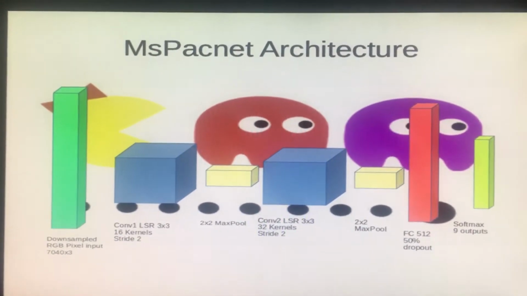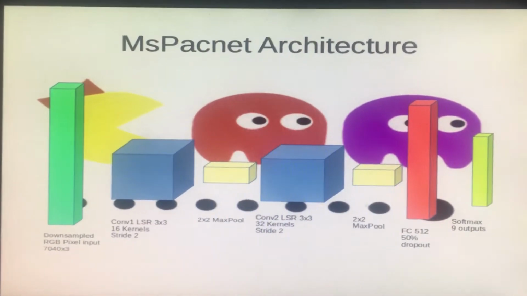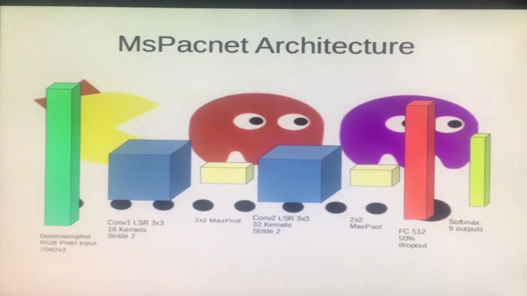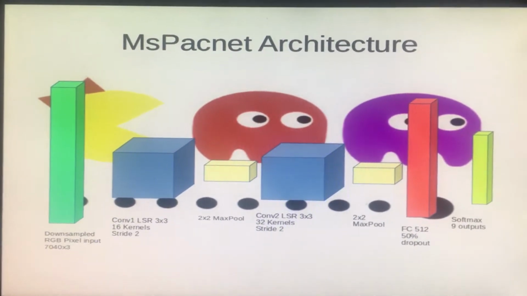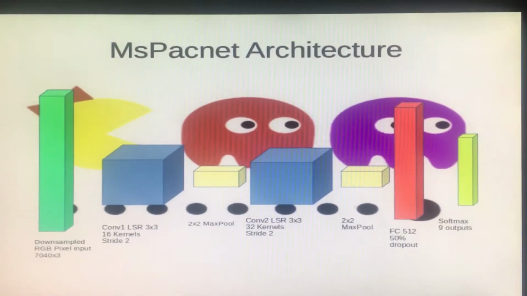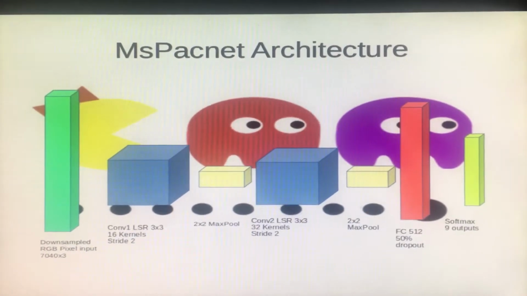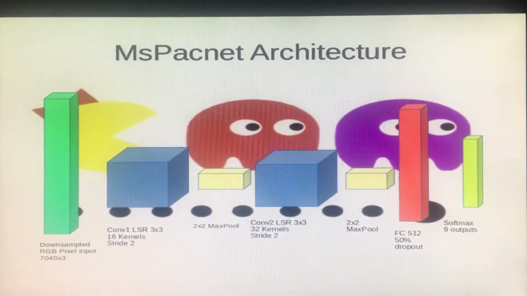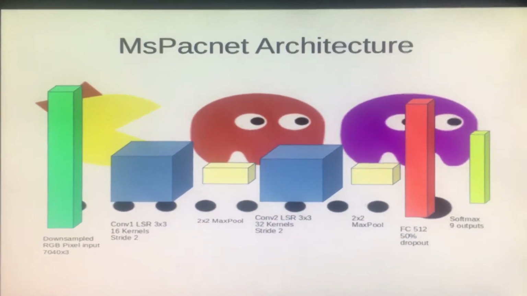The first layer has a 3x3, 16 kernels, stride of 2. Do some max pooling, and then another convolutional layer, same but only 32 kernels, more pooling, a fully connected layer with 512 nodes, and then a softmax output, which should predict the appropriate action at the appropriate time.